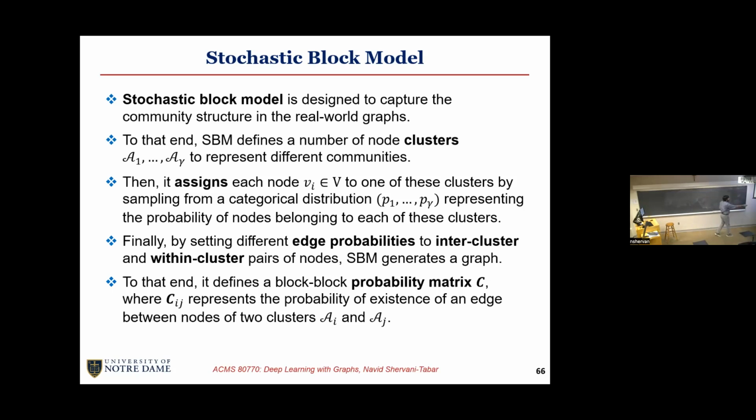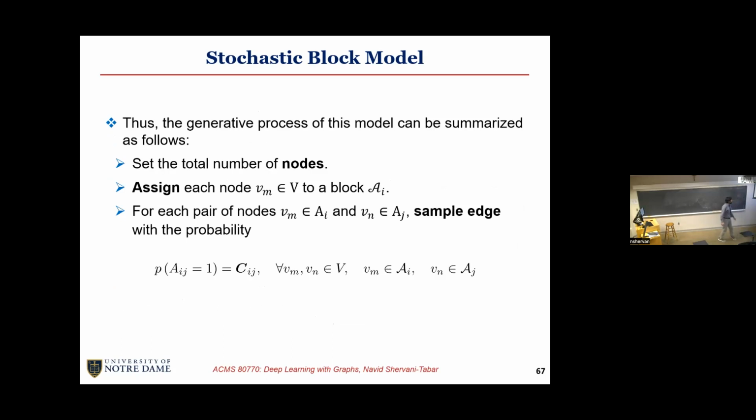I'm gonna have a probability matrix C, with dimensions gamma by gamma. And each element of this, Cij, shows the probability of having an edge between nodes of community I and community J. So that way, you're going to have different edge density within each community or across different communities.